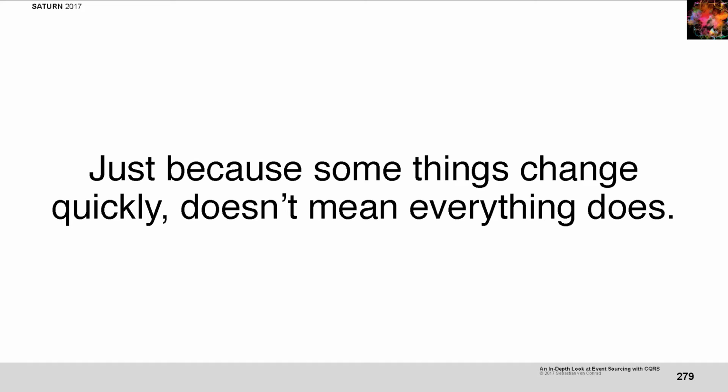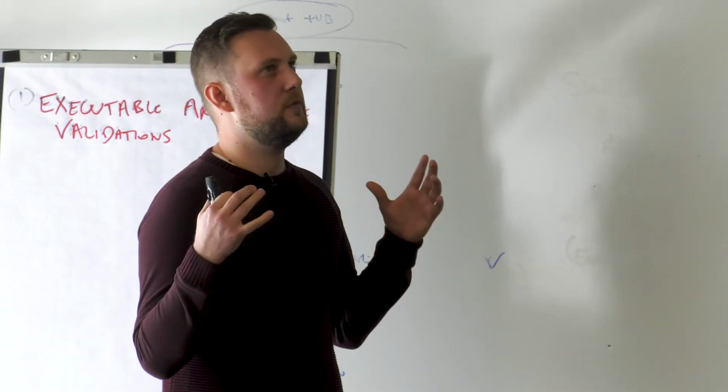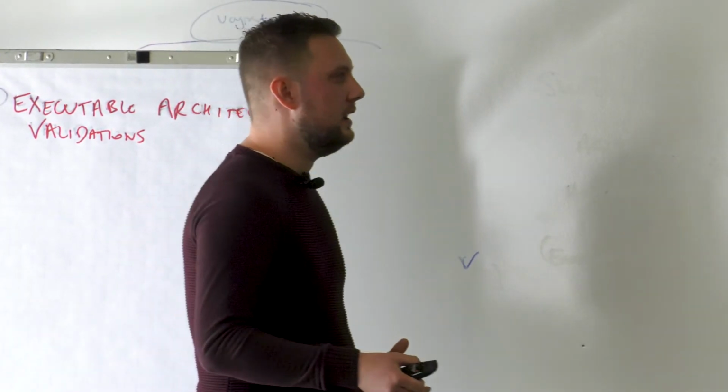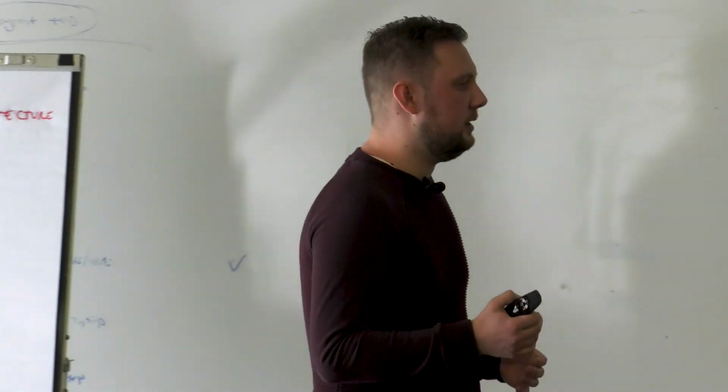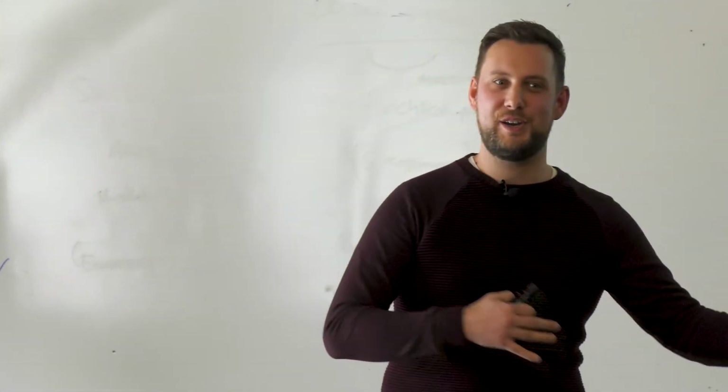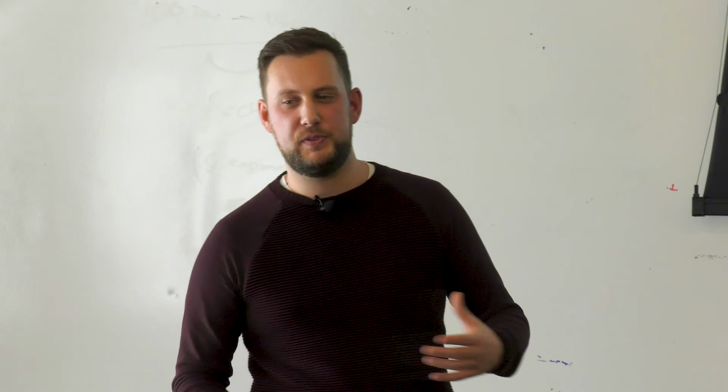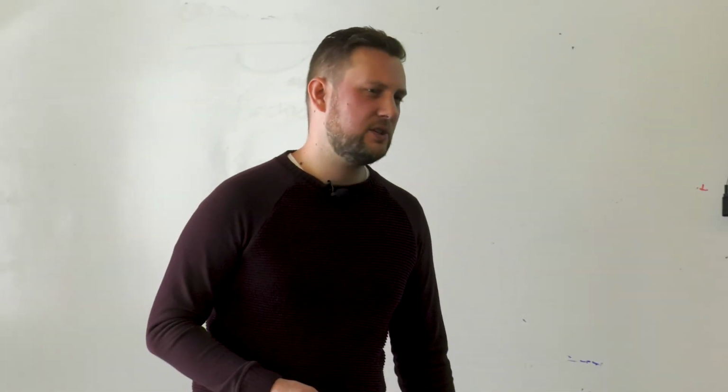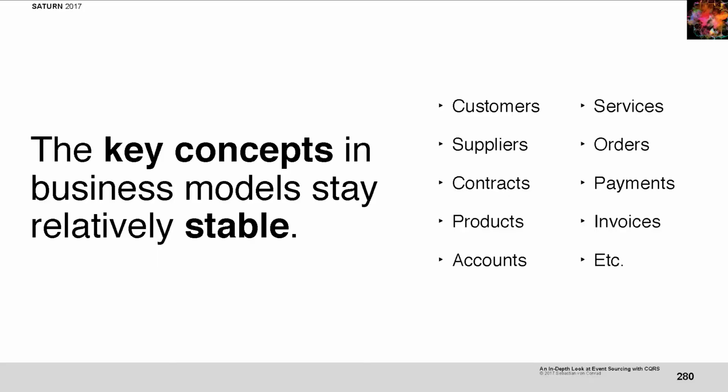Because here's the thing. We've been brought to this idea that we live in a very quickly evolving world where things change very, very rapidly. And I don't actually think that that's true. I think that there are key concepts in every business model that are quite stable.